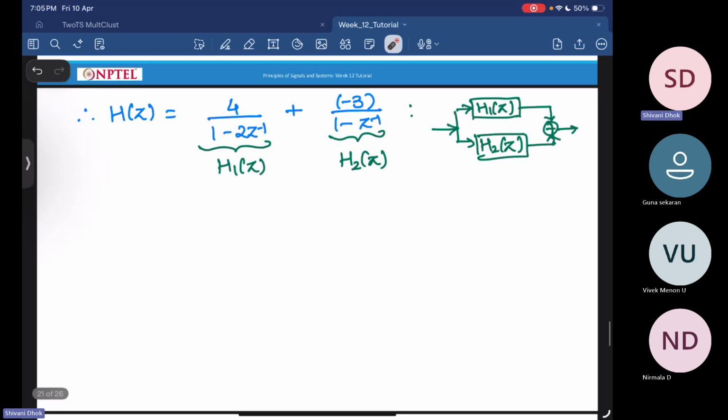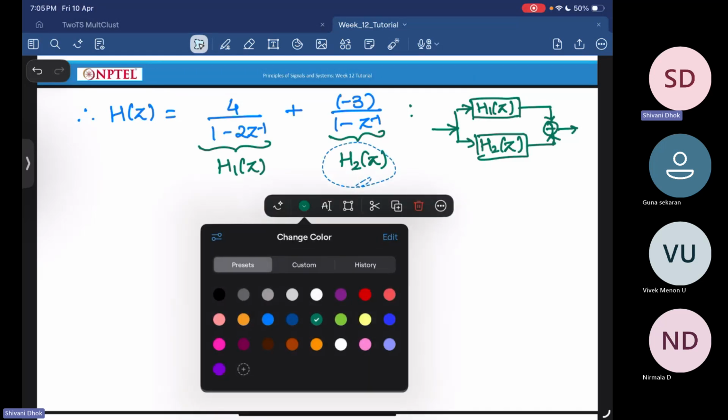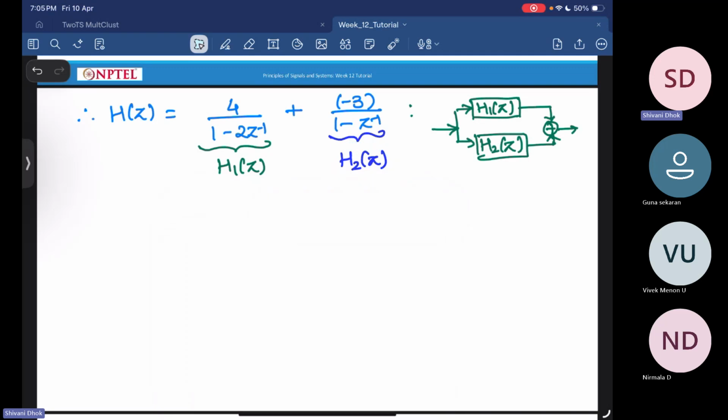So let us first represent your H1 of z. Let me do color coding a little bit here. Okay. So let's start with H1 of z. So you have an input here. Since you are getting a scaling in the numerator, I'll do it properly for the first time.